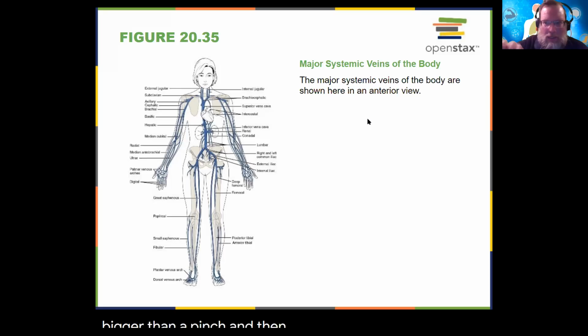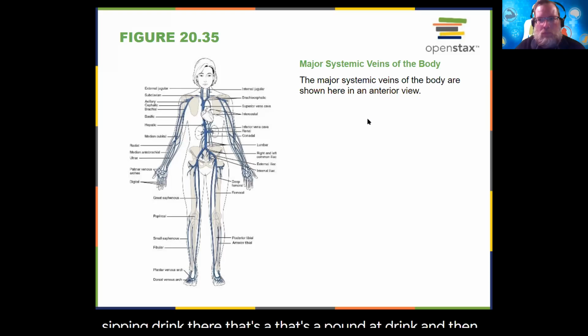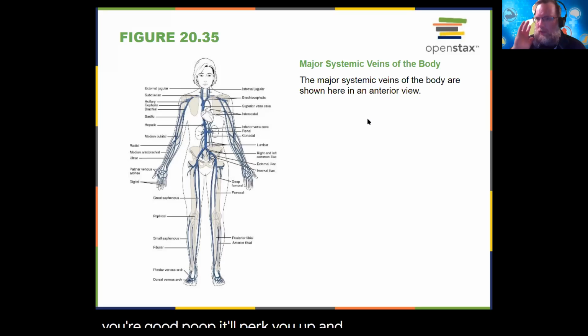And then maybe if I'm feeling real spunky, I'll put a little ground cinnamon in there too. But yeah, cayenne powder and apple cider vinegar and honey, and just guzzle it. That's not a sipping drink. That's a pound-it drink, and then you're good. That'll perk you up, and that's a cure for what ails you.